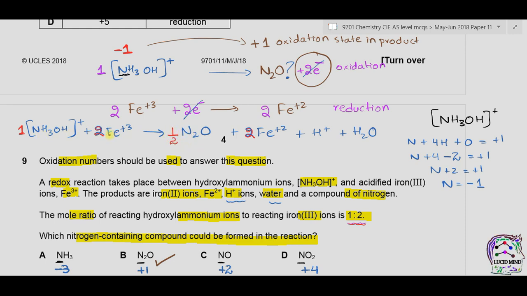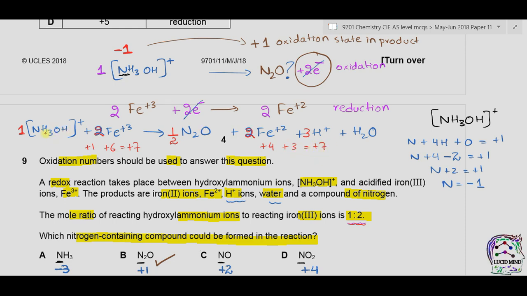Let's find out the positive charges. We have iron 3+ and there are 2 moles, so total positive charge is +6 for iron 3+, and we also have positive charge on this compound, which is 1 mole, so +6 + 1 equals +7. So we have +7 charge on the reactant side, and +4 charge on the product side, so we can balance the charges by adding 3 with H+, so that it also becomes +7.